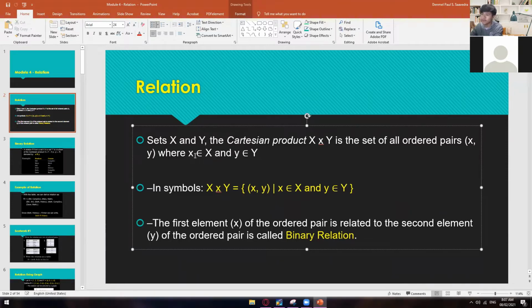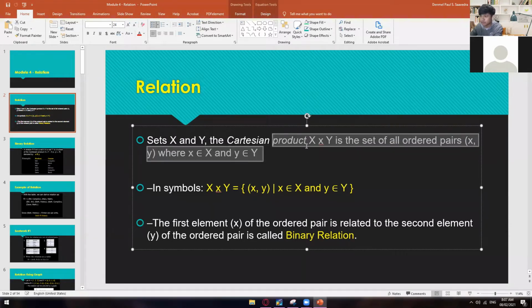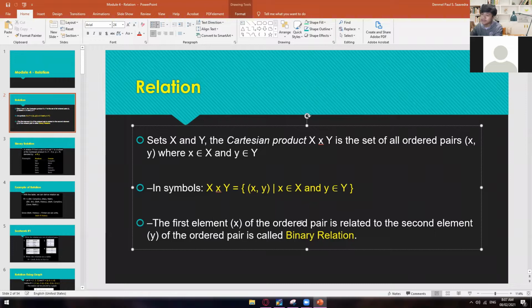So x is an element of set X, and y is an element of set Y. In symbols, you can write this in this manner: the set such that the element (x, y) has x in set X and y in set Y. Same with this one: the first element x of the ordered pair is related to the second element y of the ordered pair. We call this a binary relation.